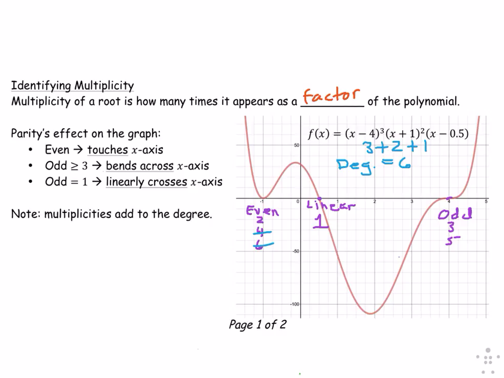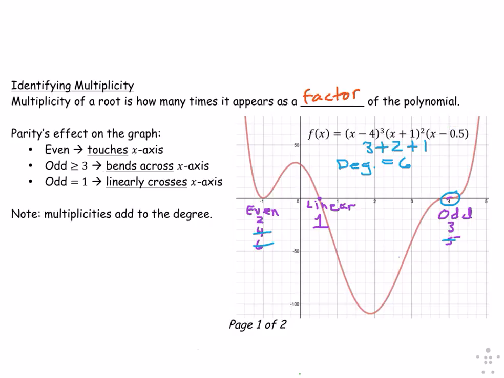And so it has to be 2, 1, and 3. And if you take a look, -1 here does occur twice. And then this one of a half is linear, it occurs once. And lastly, this one of 4 occurs 3 times. And that's how you have the multiplicities of each of the factors affecting the graph.